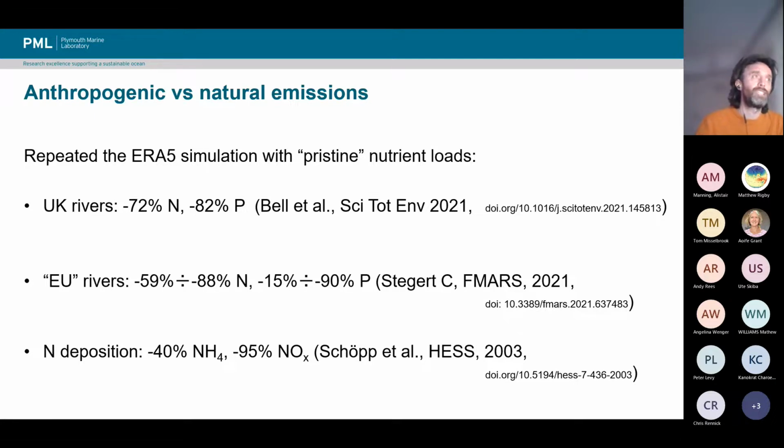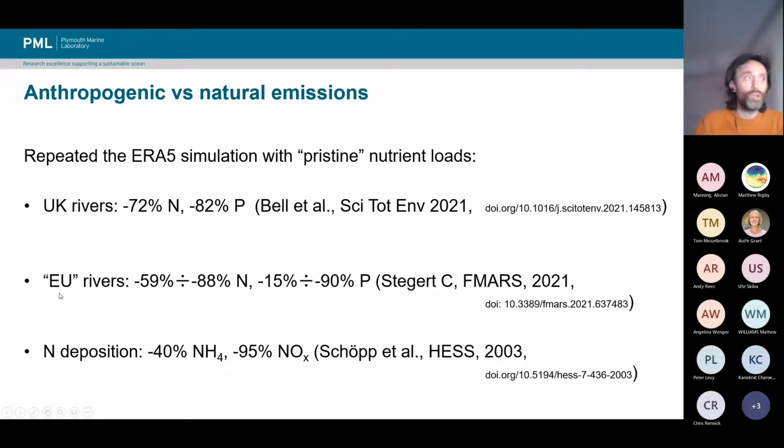In order to decide how much we should change the load of nitrogen and phosphorus, we used this Bell et al. paper, the same paper that presented the LTLS model output for the UK.